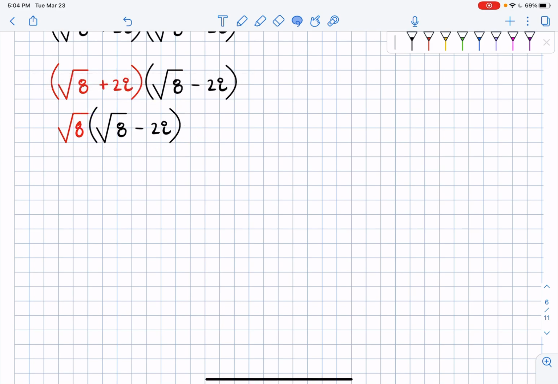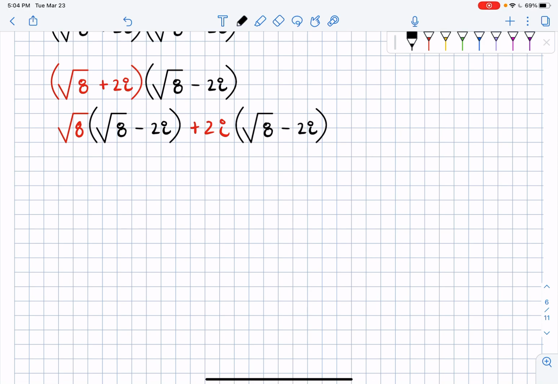I would actually write out the double distribute here, plus 2i times this. So I would literally write this out. It's easier to see, okay? So from there, you can then double distribute.